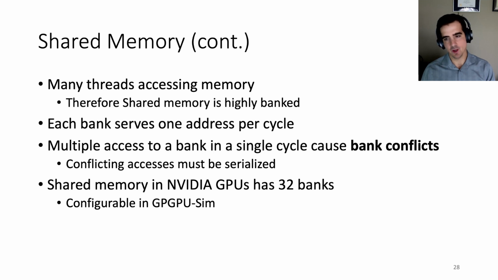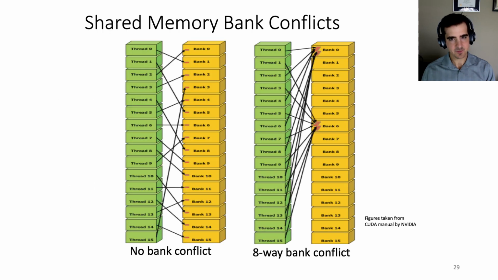If you have more than one access to the same bank in the same cycle, it serializes the access, and that instruction gets stalled in the memory unit for extra cycles. This is just pictorially what's happening with bank conflicts. This is a repeat of what we said before. If you're accessing different memory locations in the same bank, it's going to serialize.